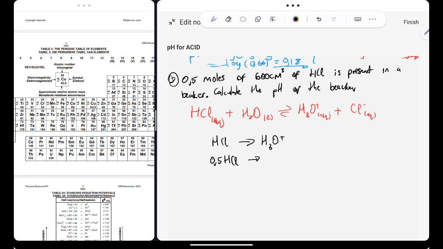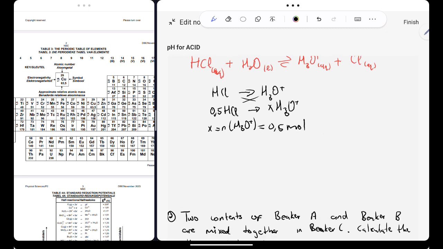I want to know how many moles of H3O+ I will have. Simply cross multiply. Then X, which represents the number of moles of my hydronium ion, will be equal to 0.5 moles. Now I do know the number of moles. I can simply calculate my concentration and then find the pH.